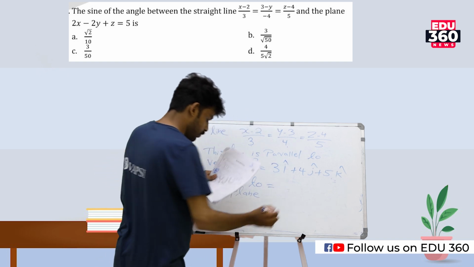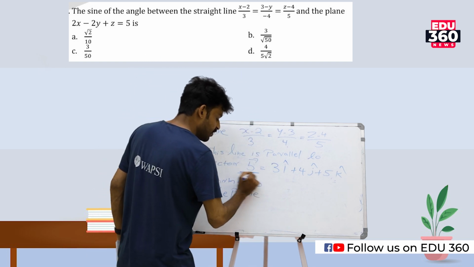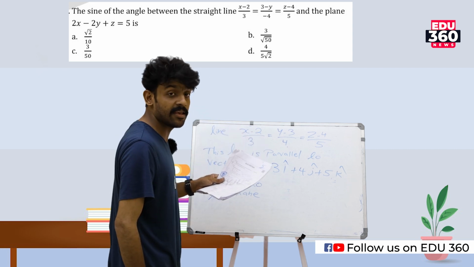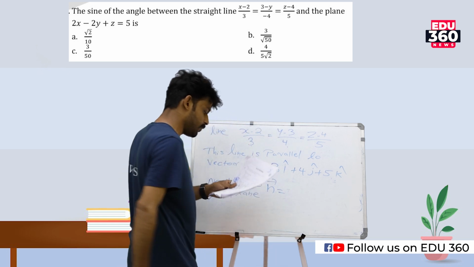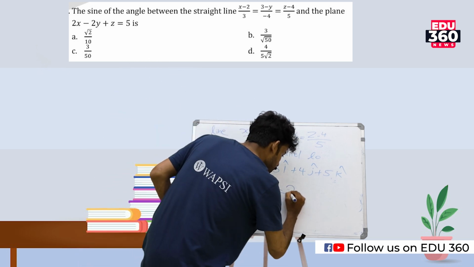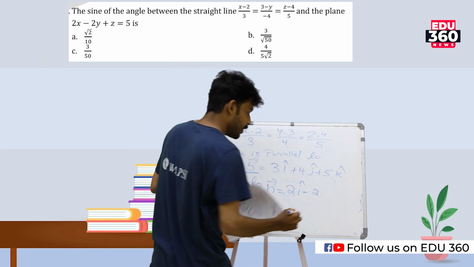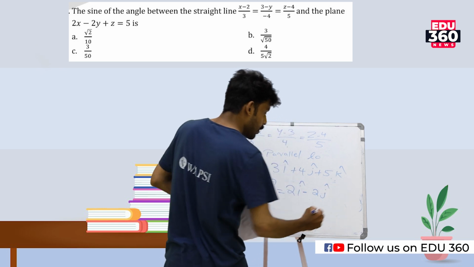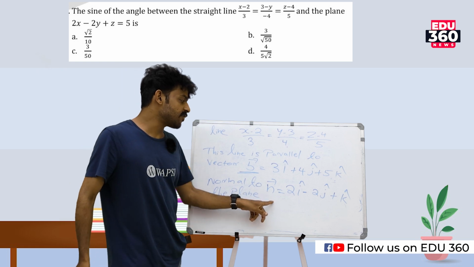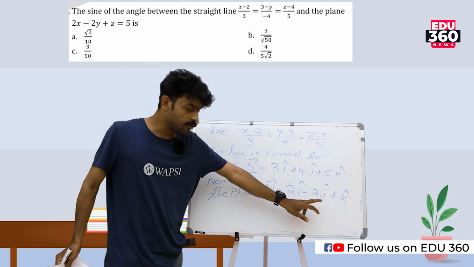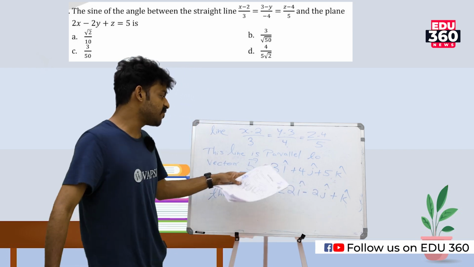This is the b vector and the normal to the plane is the n vector, which is equal to 2i cap minus 2j cap plus k cap. So the normal to the plane n vector is equal to 2i cap minus 2j cap plus k cap. This is the b vector and this is the n vector.